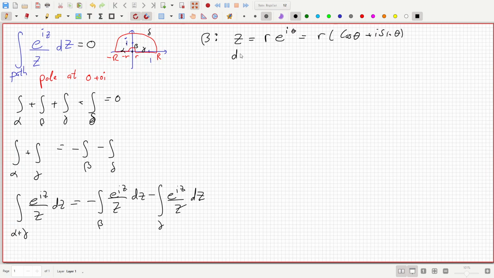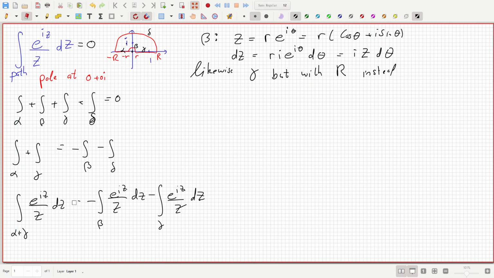And you should note that dz would be r i e^(iθ) dθ, sorry, I forgot my dθ, which is actually i z dθ. And you can do likewise for the gamma path, but with the bigger radius instead.